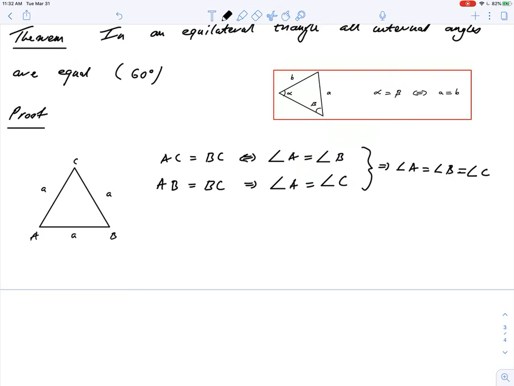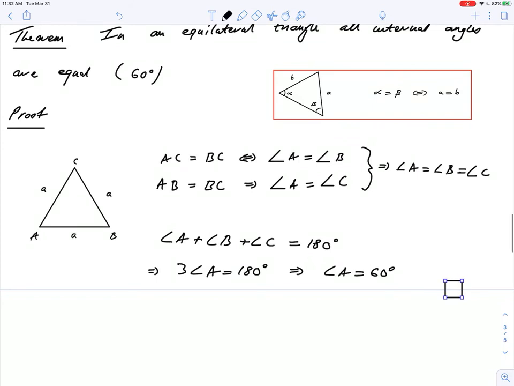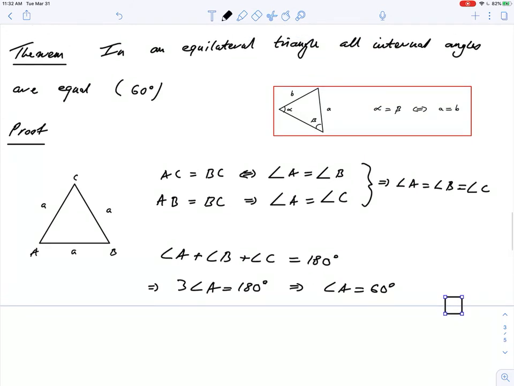But what we do know is the following: the angle at A plus the angle at B plus the angle at C is equal to 180, it's a triangle. So that would imply that 3 angle A is equal to 180, and of course that implies the angle at A is equal to 60 degrees. So proof. Very nice. So in an equilateral triangle, all the sides are the same.